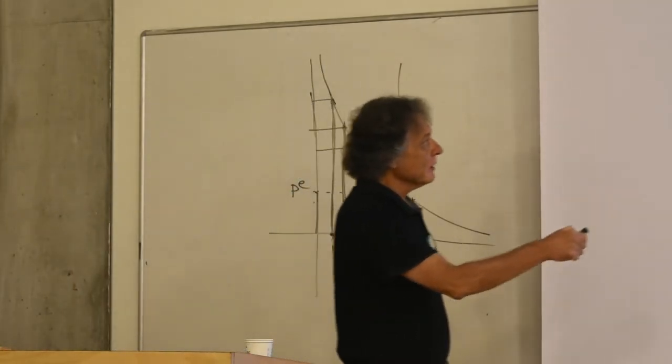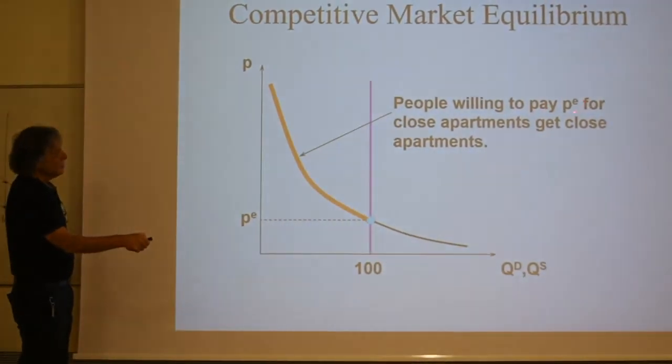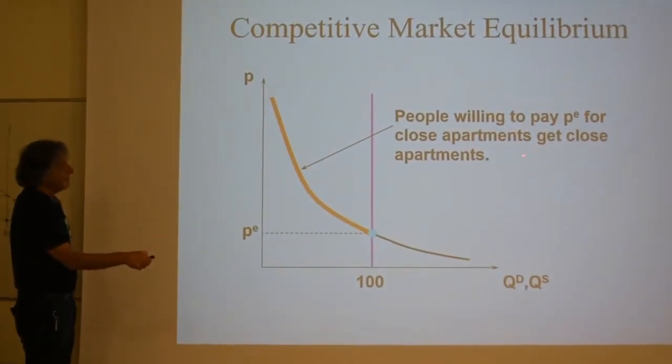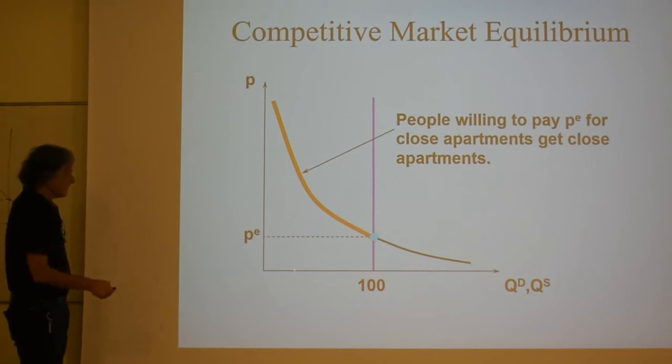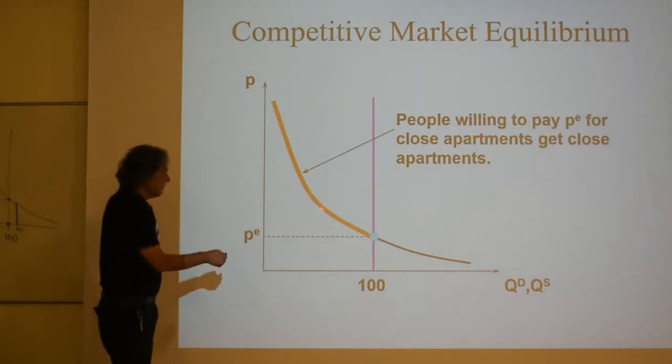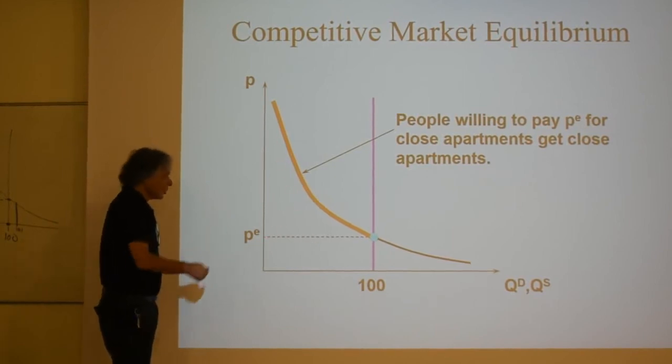So if we look here at that part of the demand, people willing to pay PE for a close apartment get a close apartment. All these people are ready to pay PE. They are actually ready to pay more. A person here is willing to pay that much. The second one willing to pay that much. A third one is willing to pay that much, etc. All of them, so all these people that buy are willing to pay at least PE, typically more.